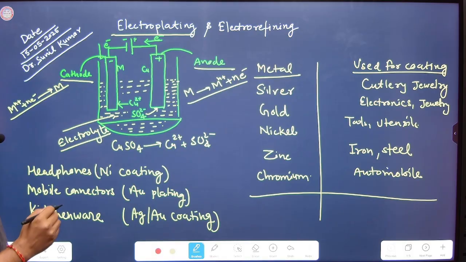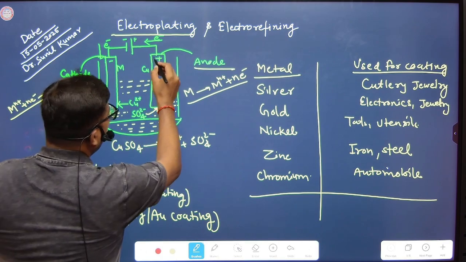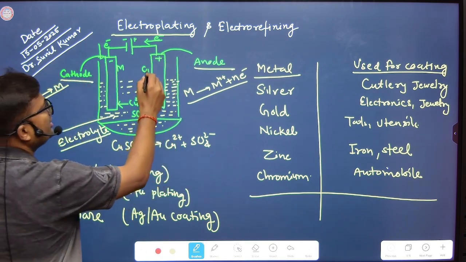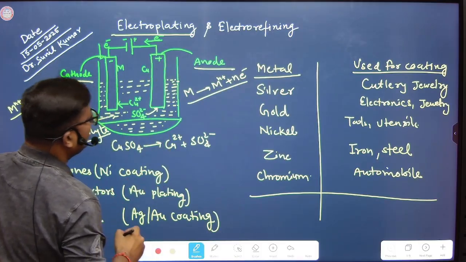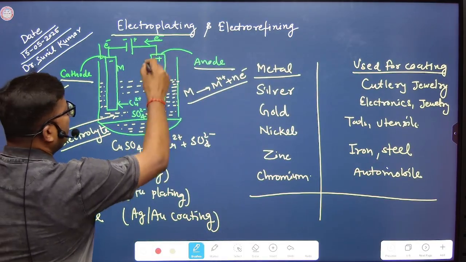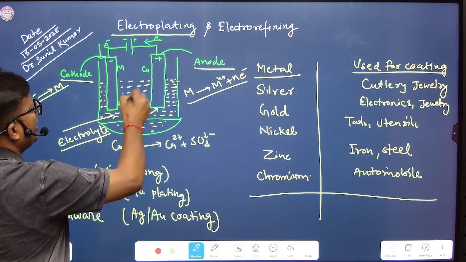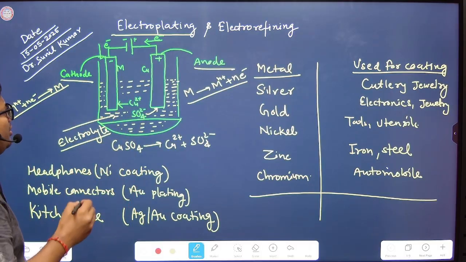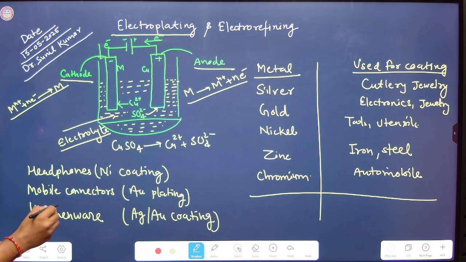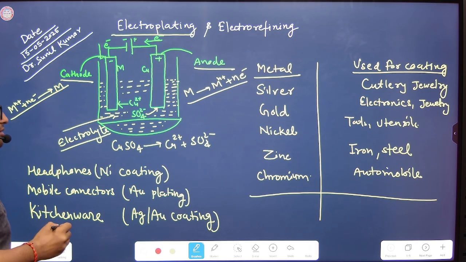Suppose in the case of copper plating, the anode is a pure copper strip, and the cathode is any other metal strip on which we want to deposit or coat the copper, right?